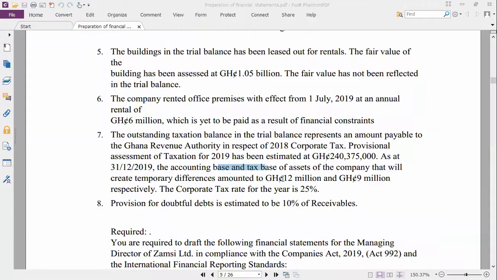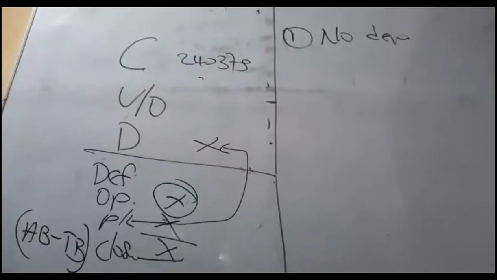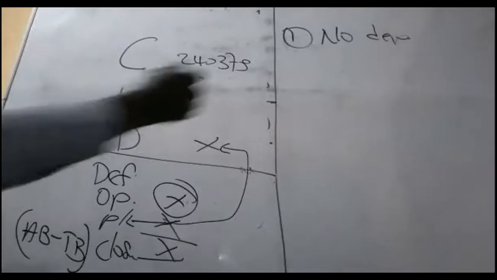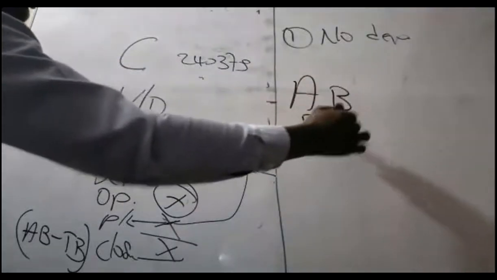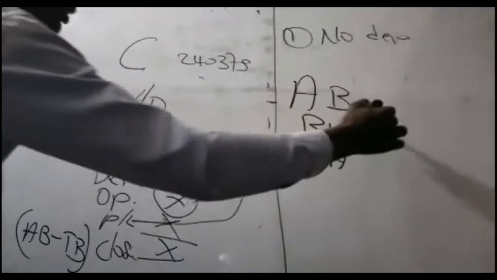So in short, for deferred tax, look for two figures: the accounting base, or the temporal difference if they give it to you, and the tax base. Accounting base is the same as the current amount or the book value. So accounting base, or book value, or current amount, minus the tax base.